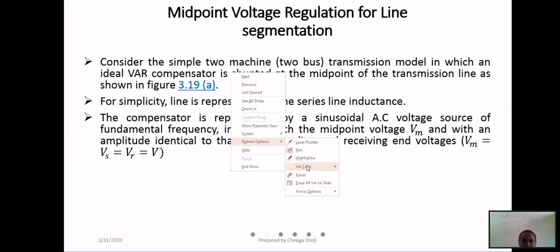PM minus PE is equal to J M by G del squared, this is the swing equation.